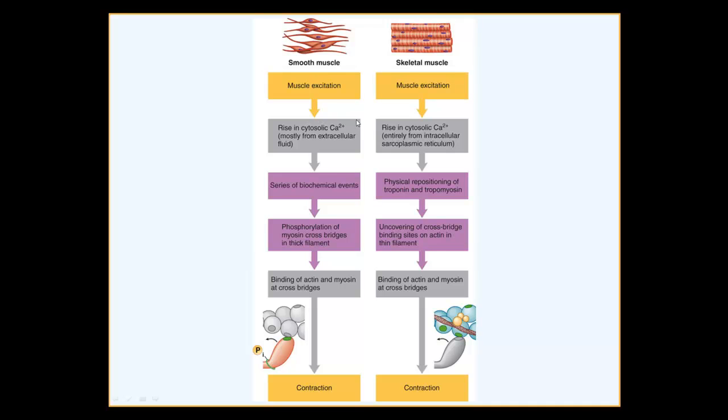So anyways, calcium, wherever it's coming from, is critical, of course. And the other thing is that ATP is also critical, whereas here ATP was critical for phosphorylation of the myosin head. Here the ATP is critical for the phosphorylation of those light chain proteins.